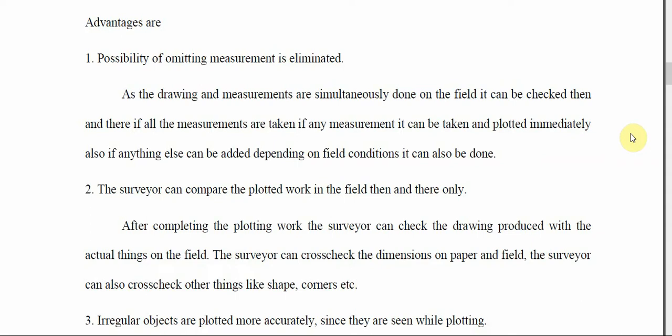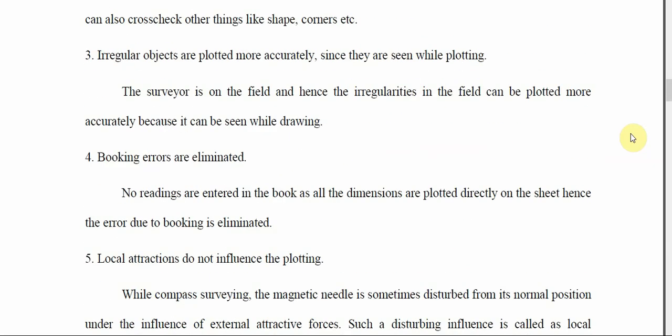So we can compare the plotted work with actual things on the field. Irregular objects can be plotted more accurately since they are seen while plotting. Booking errors are eliminated because in plane table surveying we are only measuring and plotting, and sometimes we are not even measuring, we are just sighting and plotting.